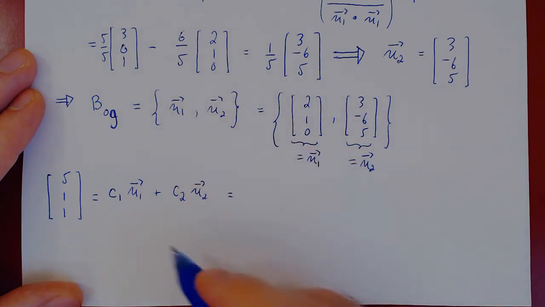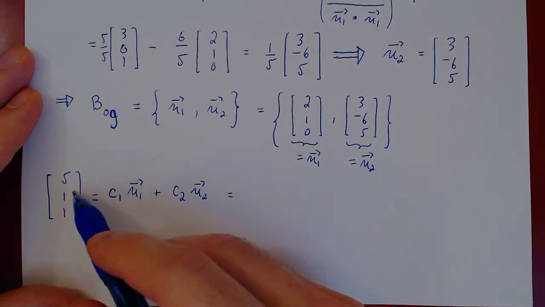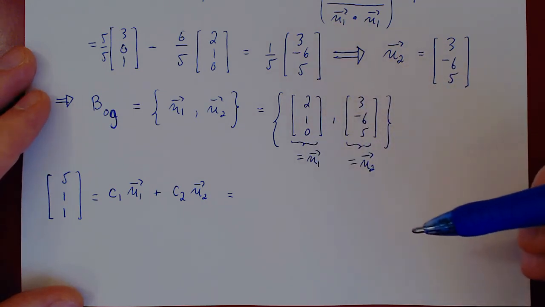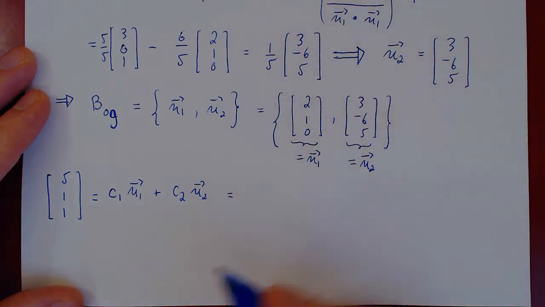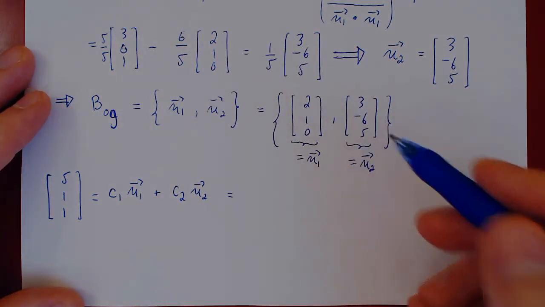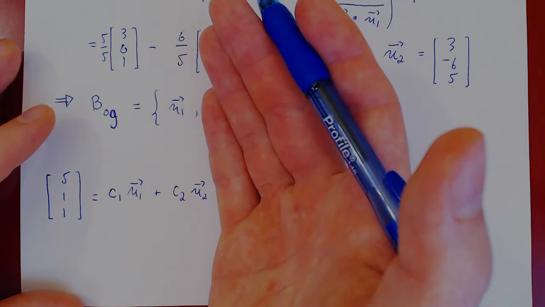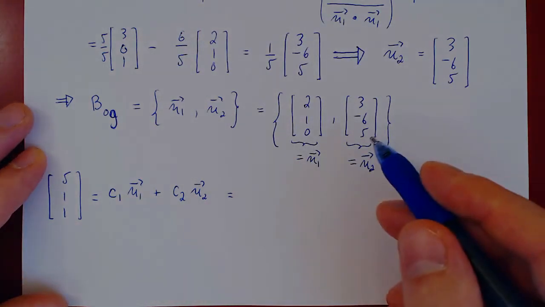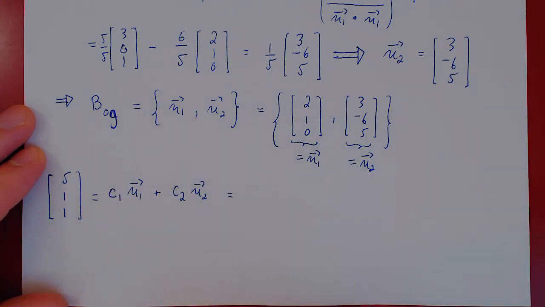This should be possible, as any given vector on the plane should be a linear combination of the two orthogonal basis vectors. And if you remember, if the basis was not orthogonal, you would have to solve the corresponding linear system. But because we have an orthogonal basis, we can do better.